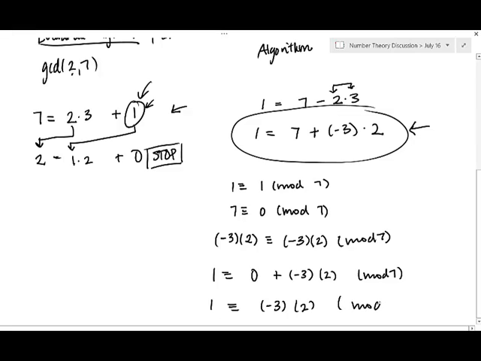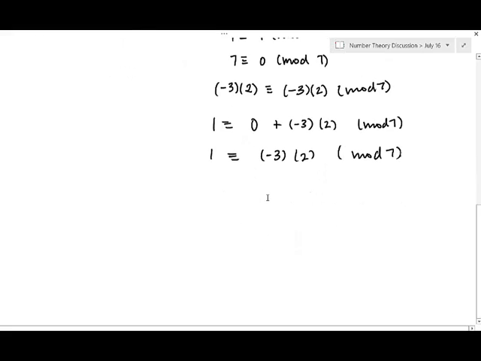It's always good to check your work. Is this actually a true congruence? Negative 3 times 2 is negative 6, so let's make sure that negative 6 is congruent to 1 mod 7. Negative 6 is equal to 7 times negative 1 plus 1, so yes, it's congruent to 1.